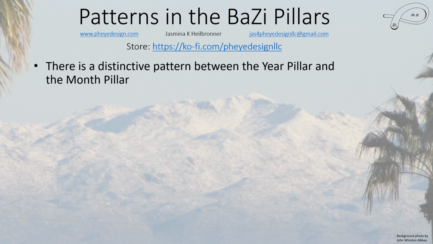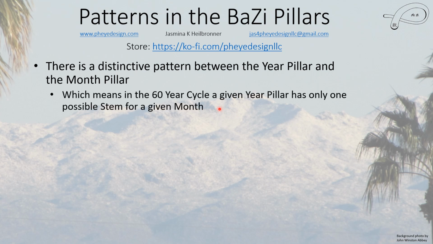Now there is a distinctive pattern between the year pillar and the month pillar, and it has some really concrete rules. This pattern means that there's a 60-year cycle, and for a given year pillar, there's only one possible stem for a given month.